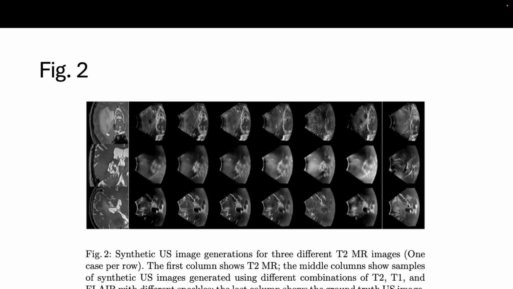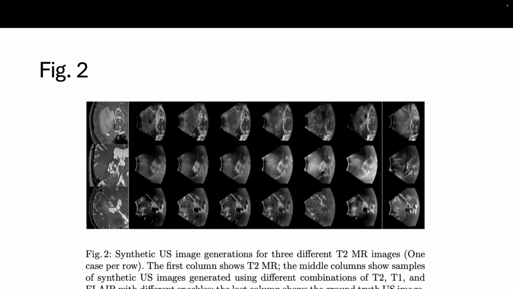So this is an example picture. The left is the MRI image, and the right are all the synthesized images. And the last one, all the way on the right, is the actual ultrasound image.